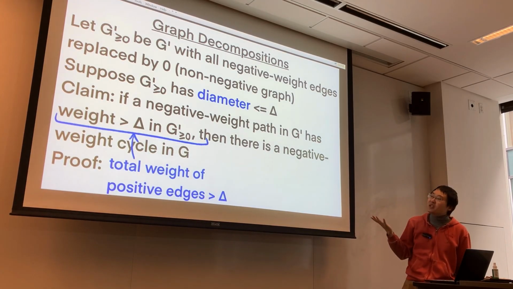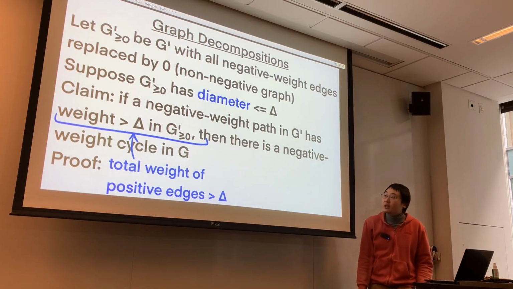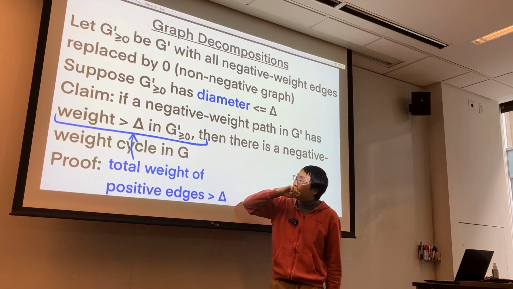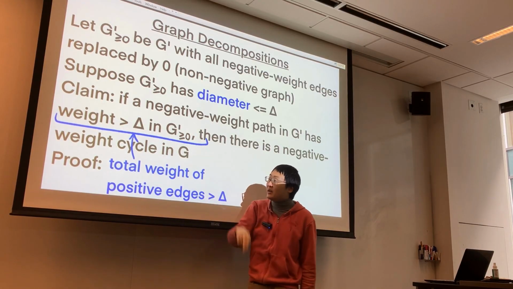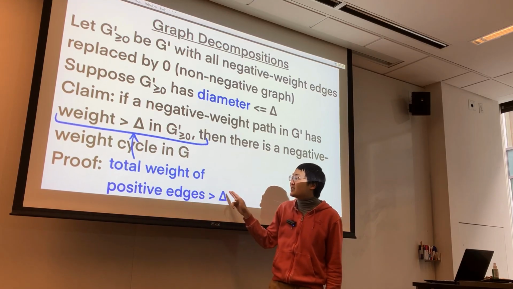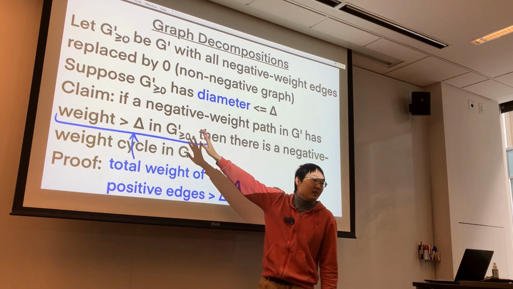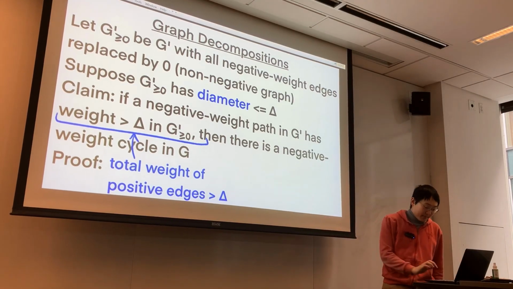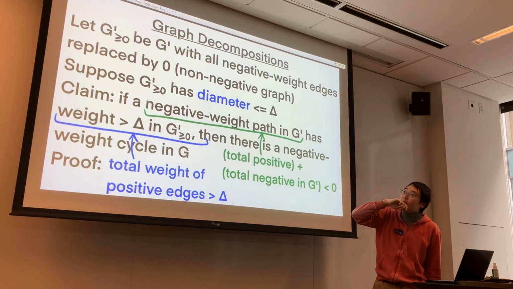Okay, this proof is essentially by definition, but let's collect all definitions. By assumption, this path has weight more than delta in this non-negative graph. This means that the total weight of positive edges exceeds delta. This is equivalent, because non-negative edges in this graph are 0. They contribute nothing. It's really only the positive edges that count.